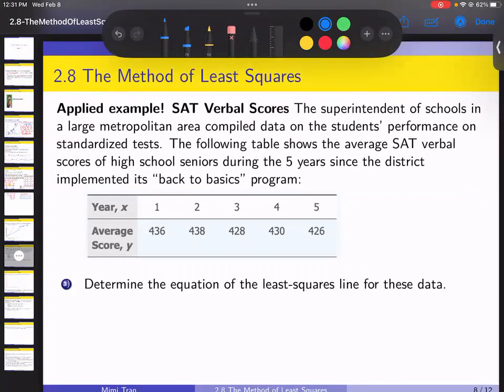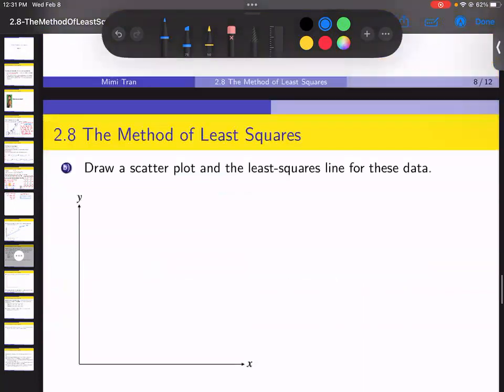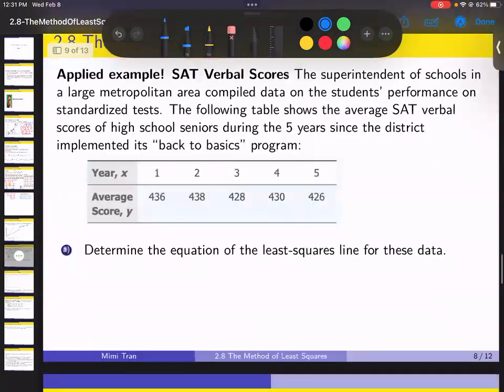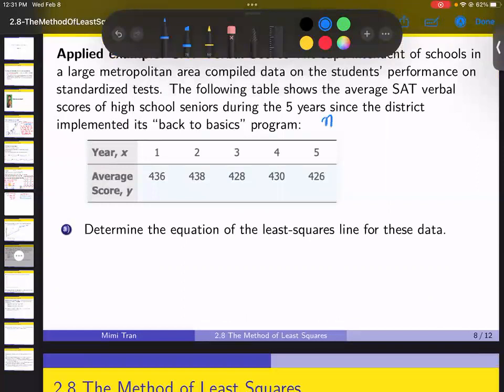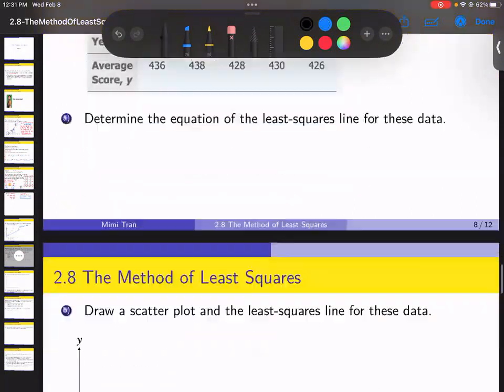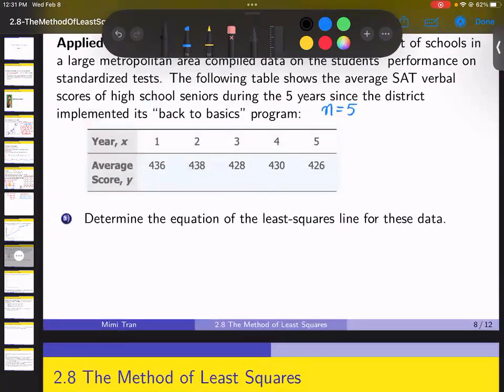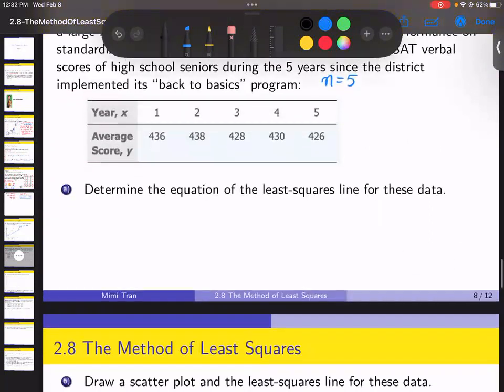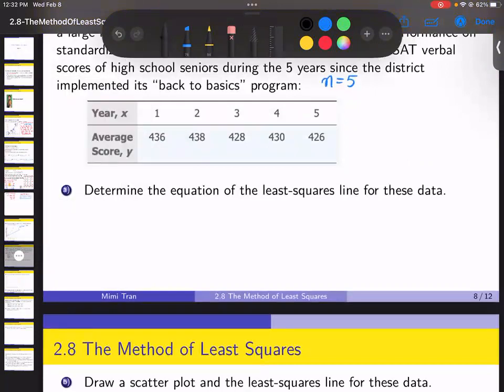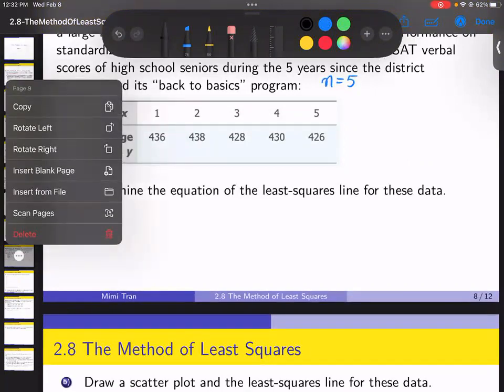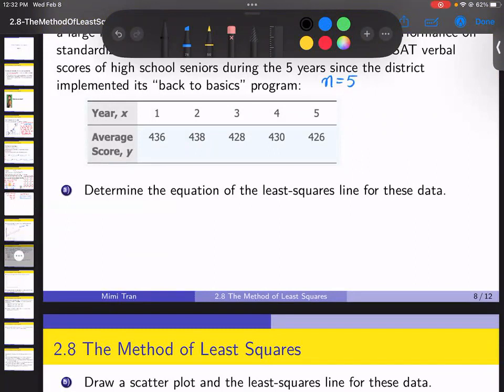Thank you. 5. And then determine your x and your y.